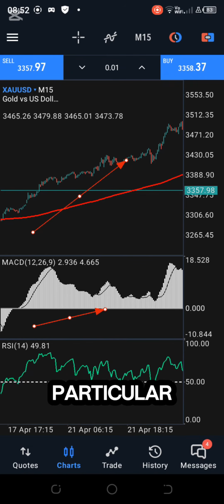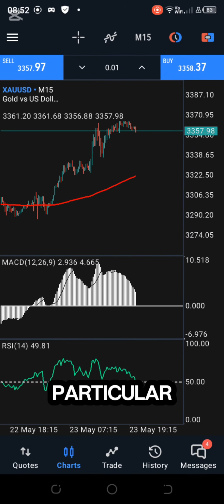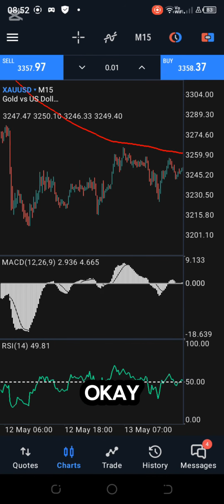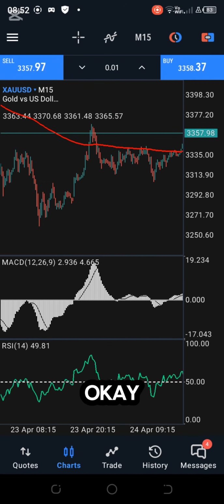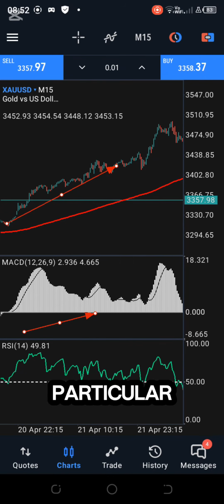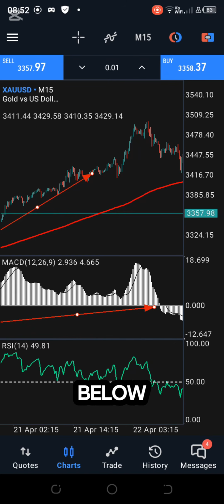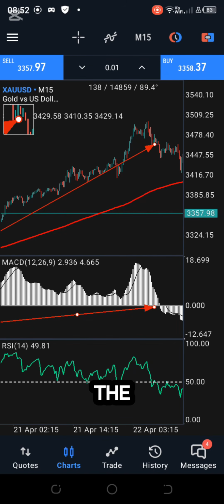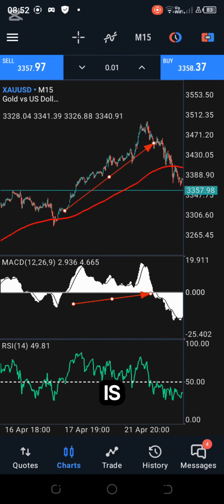We entered right around here, and we're going to be in this particular trade using the MACD as a trailing stop until price closes below this 0 line. So we're going to hold the trade until somewhere here. Look at how profitable this strategy is. You're going to buy for this long, guys. Imagine this is gold. You're going to make a lot of profit.